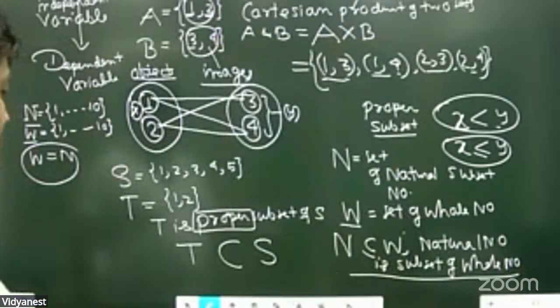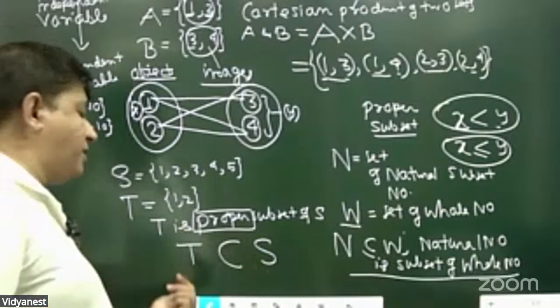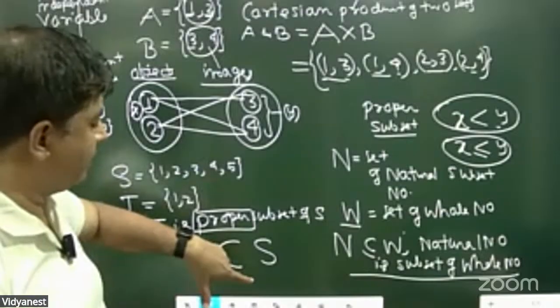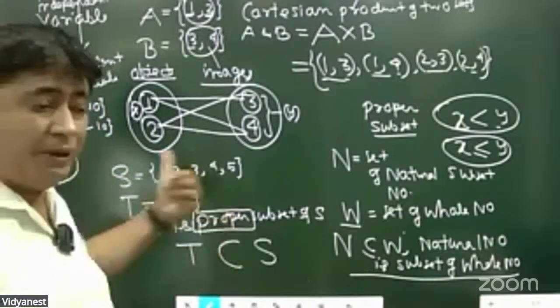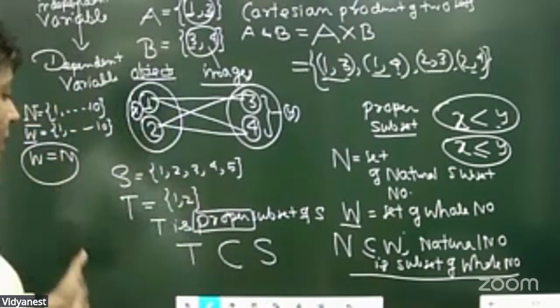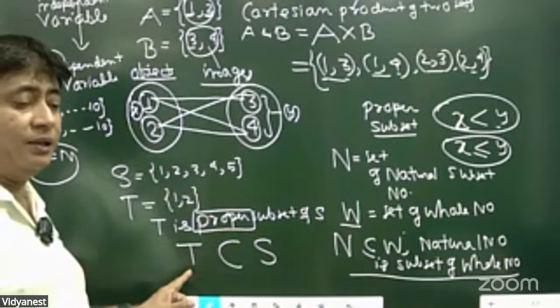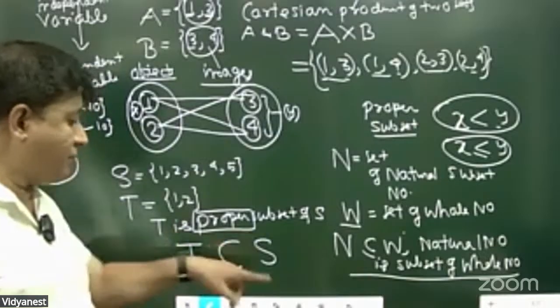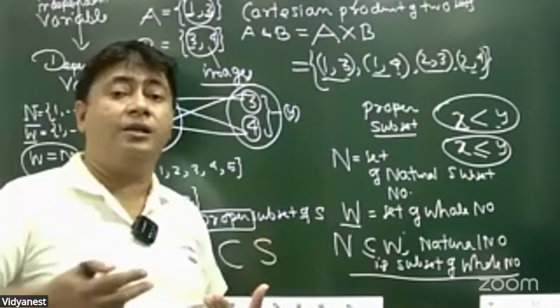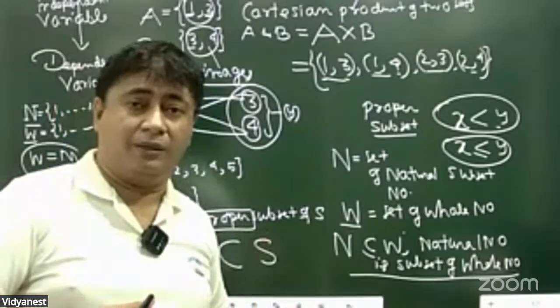Or you can say S is a superset of T. T is the subset of S. S is the superset of T. Got it? If you consider central government and state government, state government is the subset of central government, and central government, by administrative power, is the superset of state government. Okay?